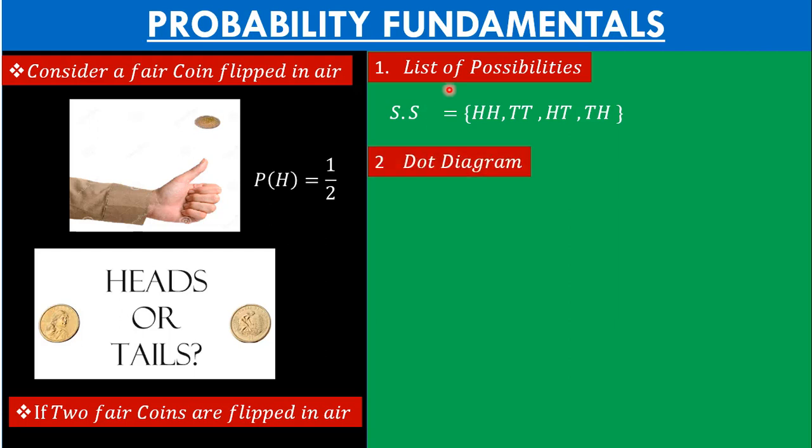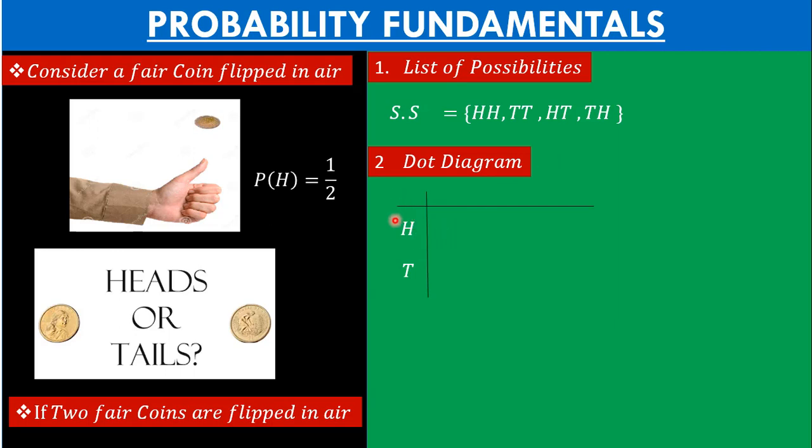Number 2, students, it is called the dot diagram. In the dot diagram, we will have 2 axes. Number 1, the horizontal axis, and number 2, the vertical axis, in which one piece of information will be provided in the vertical direction and one in the horizontal direction.